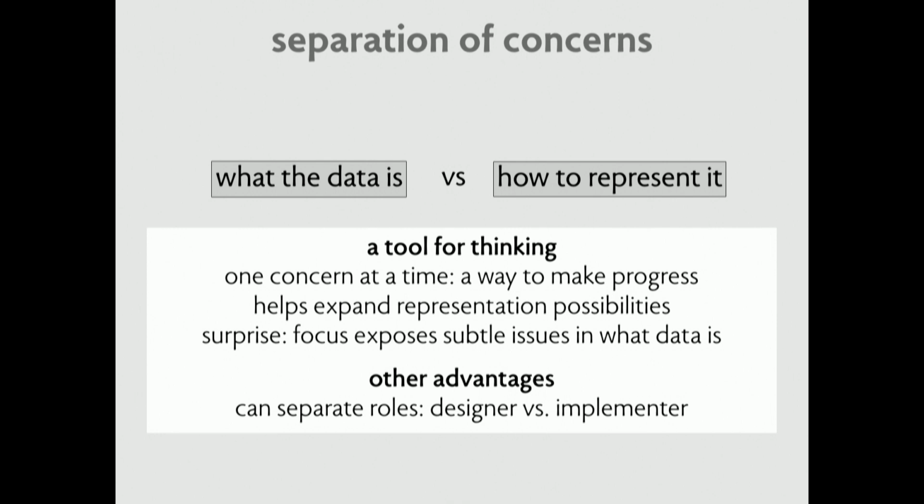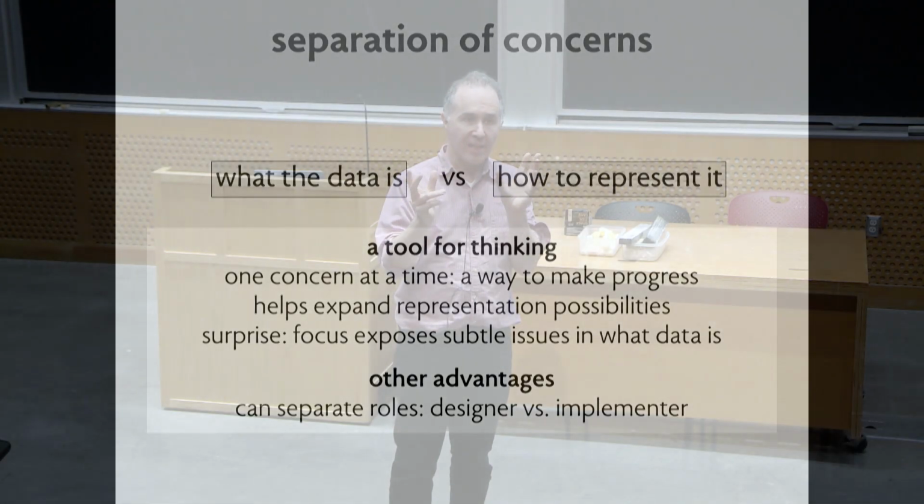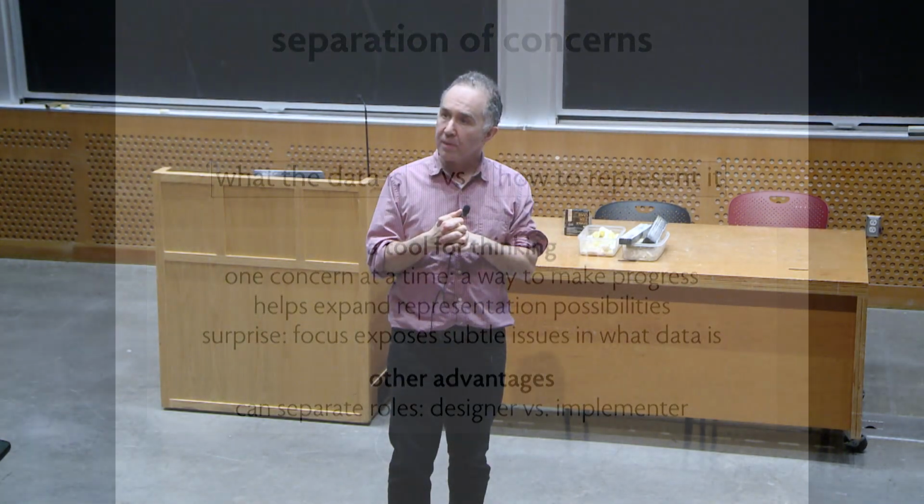If you want to do a really good job of representation, if you want a really well-optimized structure that performs really well, then paradoxically you've got to avoid thinking about it. Because you've got to figure out exactly what data you need first, leaving open as many possibilities as possible for how you could represent it. Because every time you make a decision unknowingly, you're limiting the range of things that you might choose.